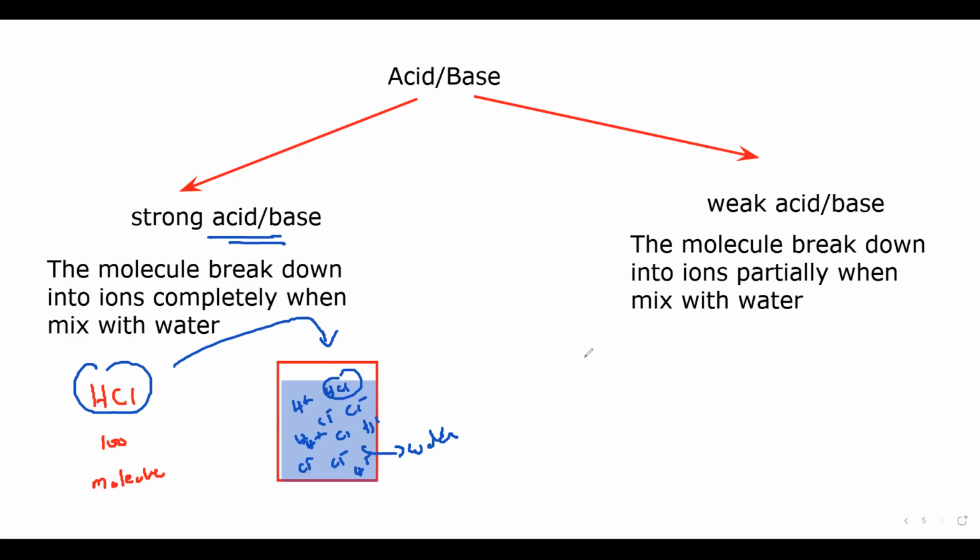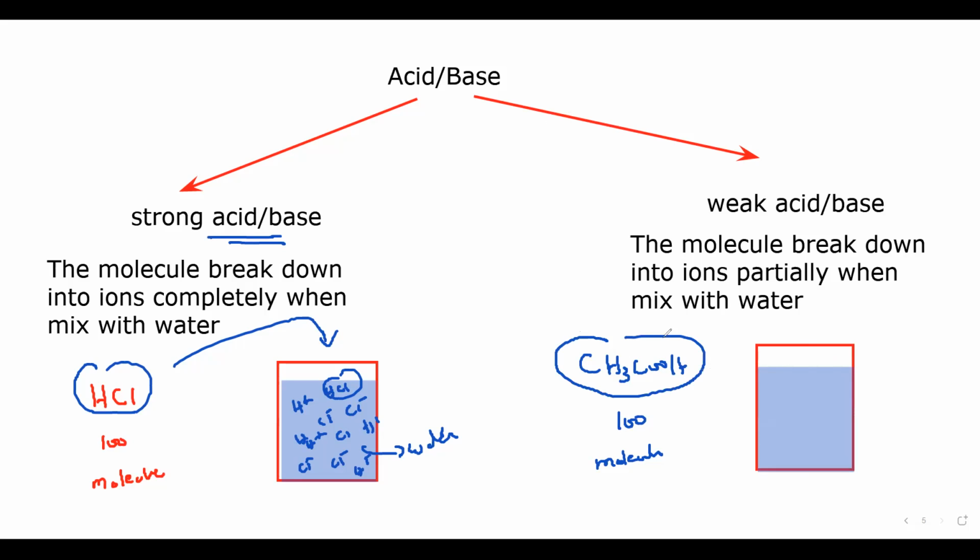For example, if we have ethanoic acid, which is CH3COOH, and we have 100 molecules of ethanoic acid, and we add them into a container which is filled with water, we observe that most of them will remain as molecules. They do not break down into ions.